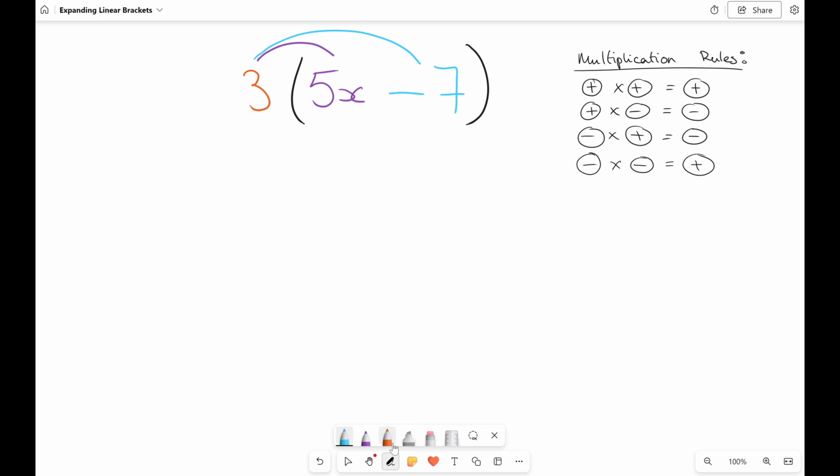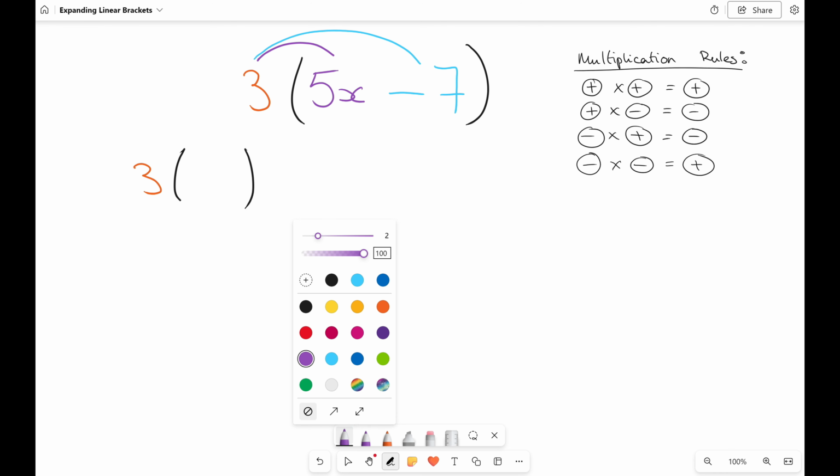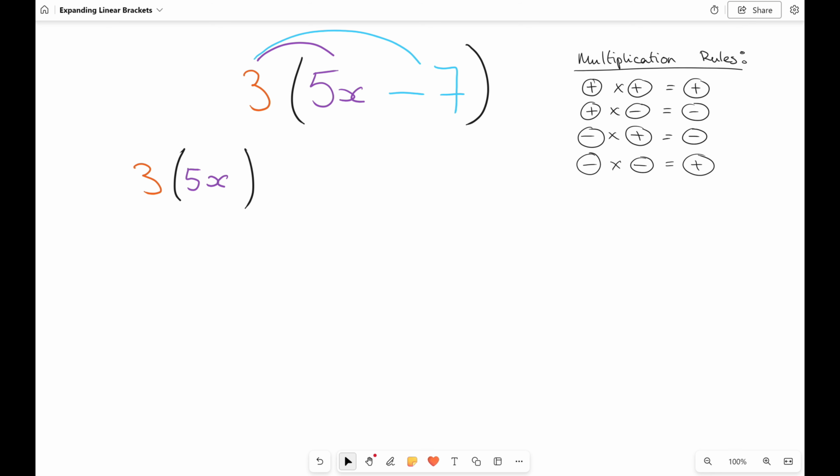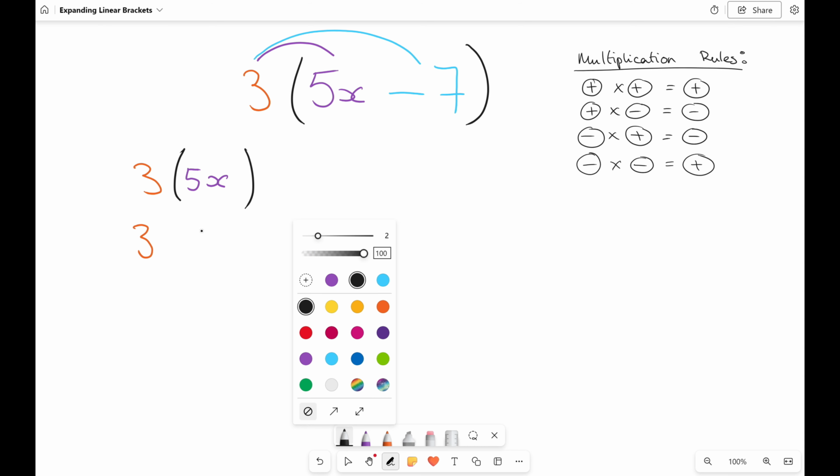So the way I would lay this out is 3 brackets 5x, and then we got 3 brackets minus 7. Yeah? And then we just literally do these calculations.